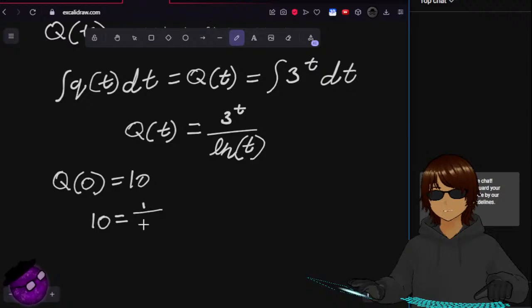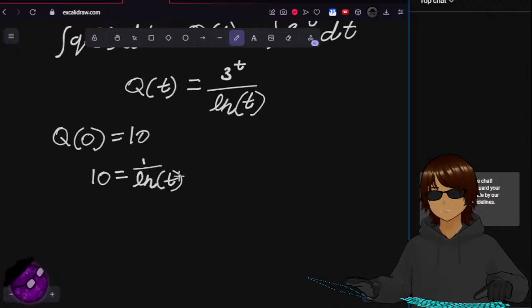10 is equal to 1 over ln of 3, then t0 is e to the power of 1 over 10. Is that right? Yes, that is right.